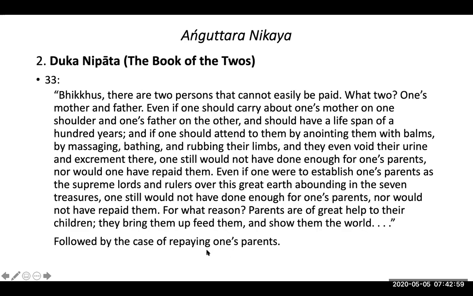Maybe the person's parents are not believers. In that case, if a person makes his parents who are not believers become established in the faith and take refuge in the Buddha, the Dhamma, and the Sangha, this person repays his parents for what they have done for him.